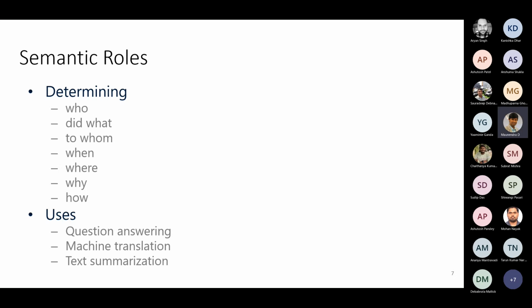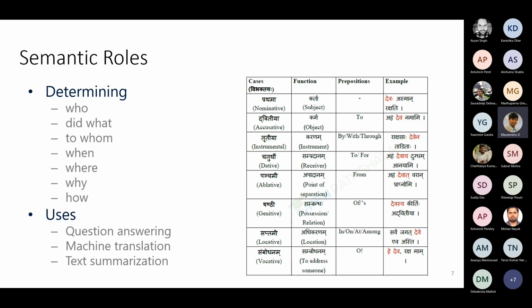Okay, so let me give you the answer. So I guess you remember something like vibhakti. Yeah. So karta, karma, karan, sampradhan, apadan, and things like that. So the answer to who is actually the karta, or the person who is performing the act.